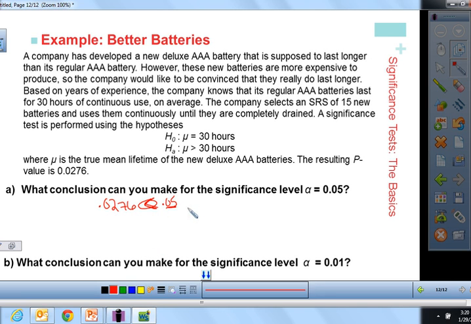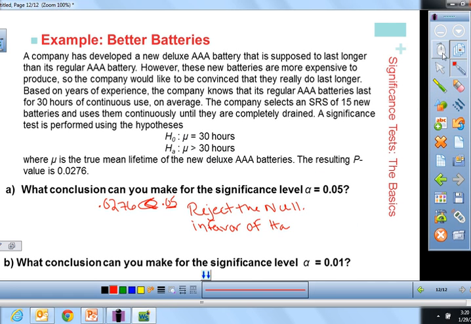When my p-value is less than alpha, we get to reject the null. So if we reject the null, we're going to say that this mean is not true, and we are in favor of HA, the alternative. Which means we get to say they're wrong and conclude that the mean life of the new batteries is longer than 30 hours, or longer than the previous regular AAA batteries that they have.